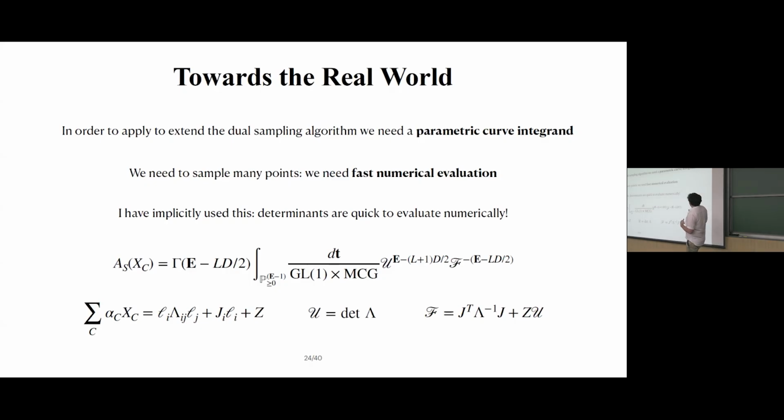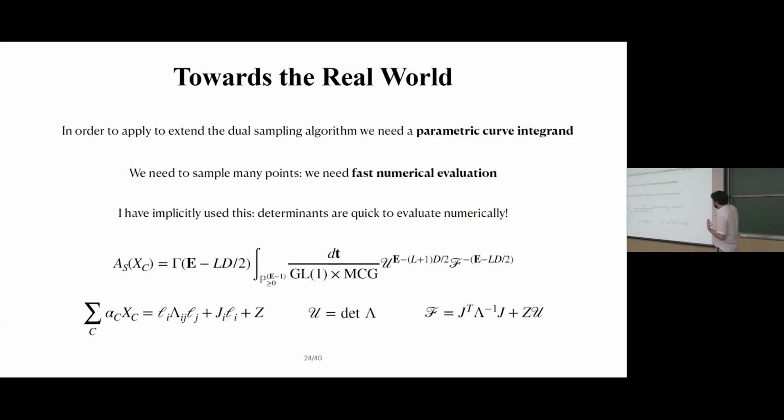But what we need is to formulate the extension for another theory as a parametric curve integrand rather than a loop curve integrand. And the important question is, how do we decide whether a parametric curve integrand is better than another one? Because we want to do numerical integration, we need to sample the integrand on many points. The most important thing is to find a fast numerical integrand, something that you can numerically evaluate quickly.